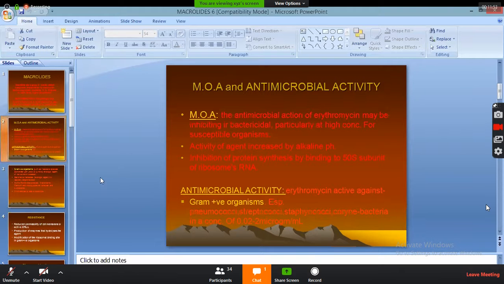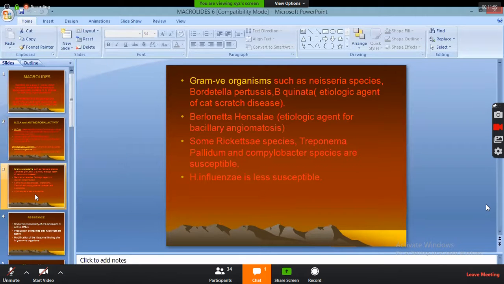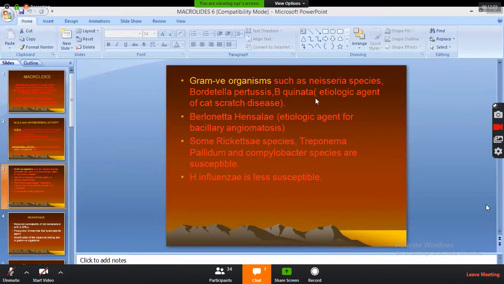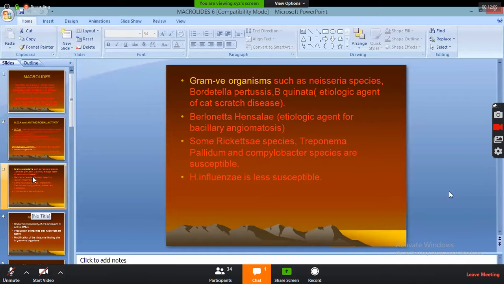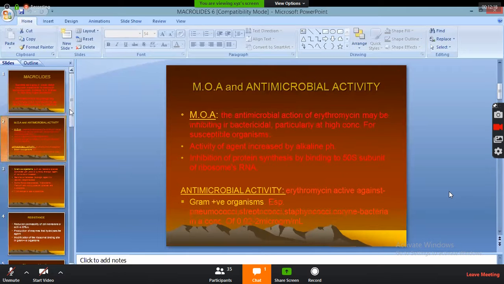Now let's see the spectra of the agent. Spectra means the activity of the agents: which bacteria are sensitive to these agents?